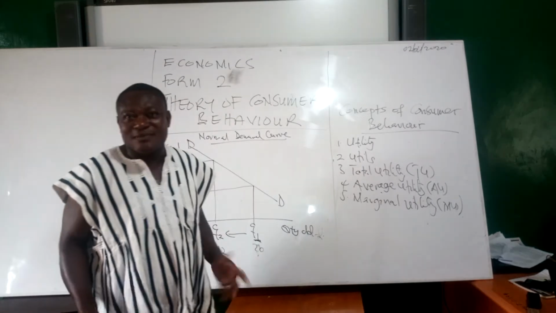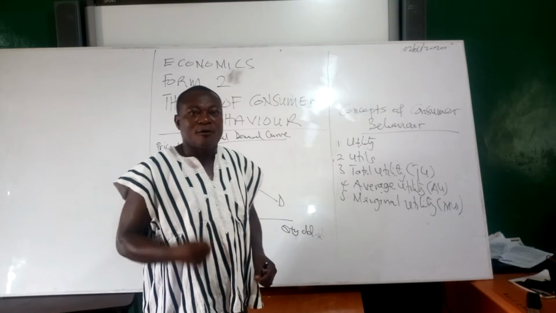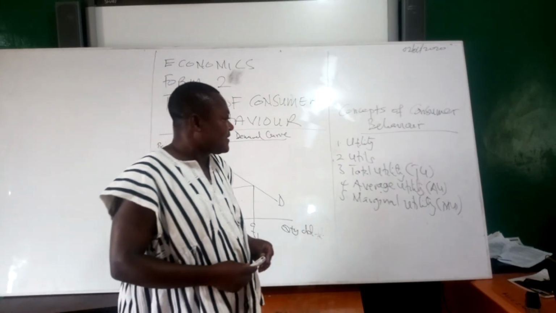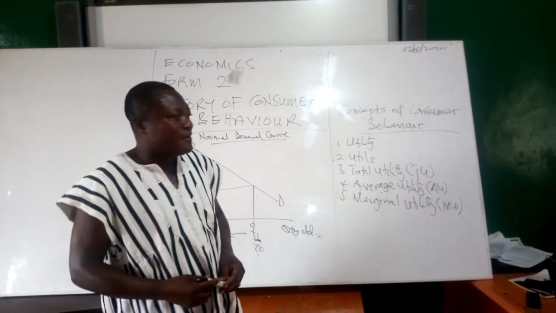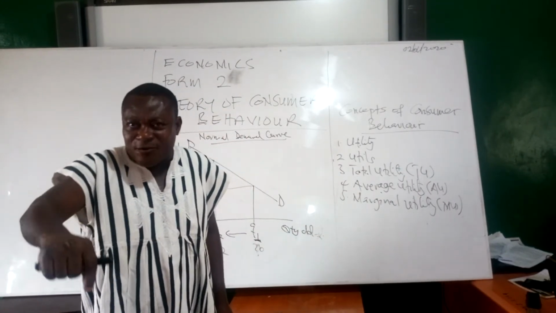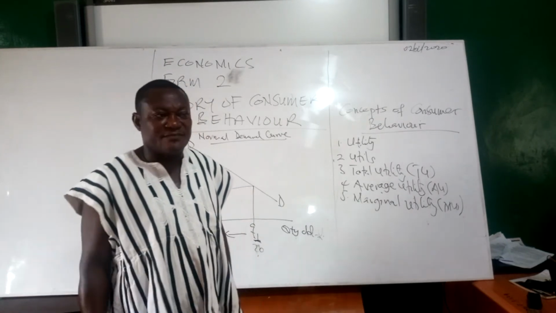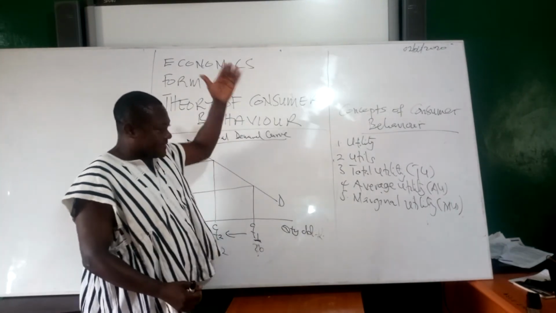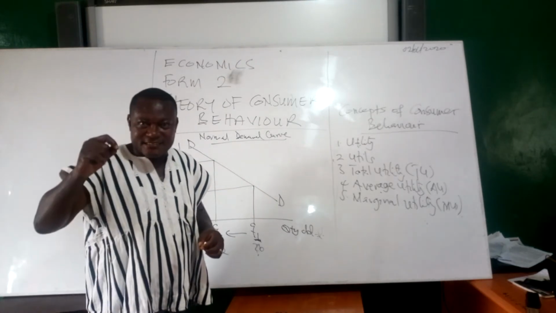Utils. A util is the unit measure of the satisfaction that the consumer gains when he consumes the commodity. We use utils to show the amount of satisfaction the consumer has received. For example, when you want to measure a height, you measure it in a unit called feet.